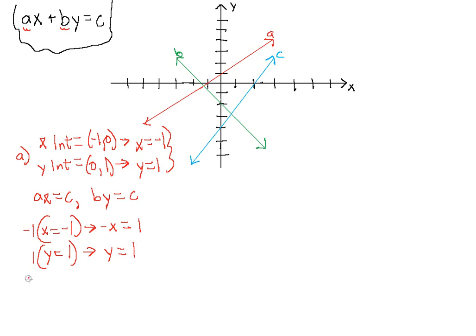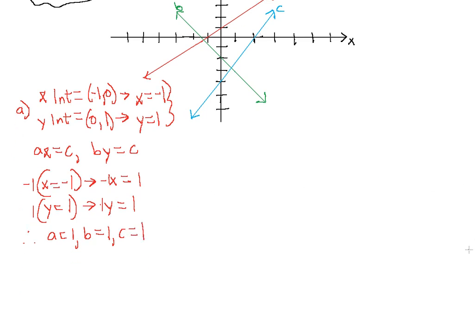So what we can say from that is that a equals -1 from this mini equation, ax equals c, or -x equals 1, and b equals 1 from by equals c, or 1y equals 1. And notice that our c terms are identical. They're both 1. So we can say that c equals 1.